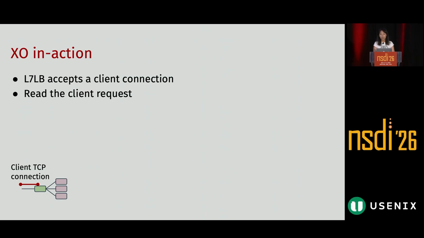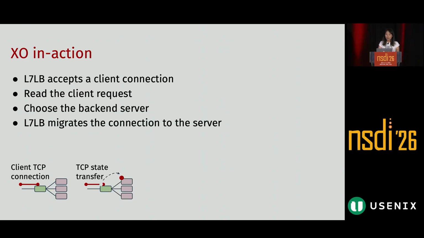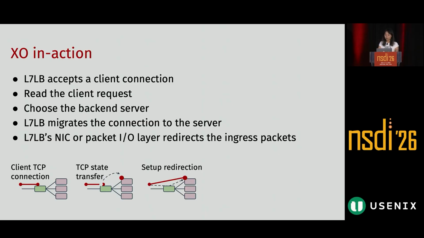First, the layer 7 load balancer accepts TLS TCP connections, and then it decrypts and reads the request sent by the client, just like a regular layer 7 load balancer does. Then the layer 7 load balancer selects a backend server that can handle this request based on content or load. It then serializes the TLS TCP connection and transfers it to the selected backend.